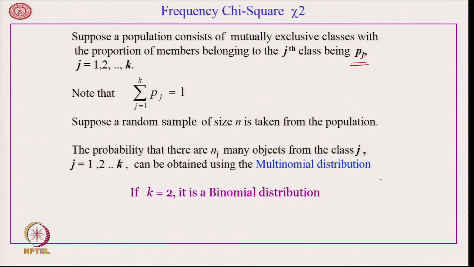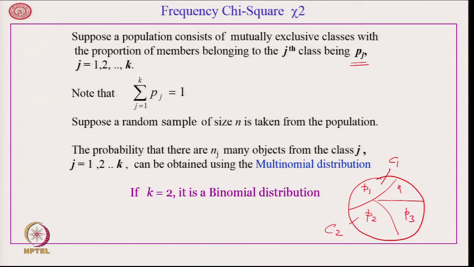What does it mean? Suppose this is the entire population, divided into several classes. Suppose in this case I have taken 4 classes. P1 is the proportion of elements belonging to class 1, P2 is the proportion of elements belonging to class 2, and like that for class 3 and class 4.